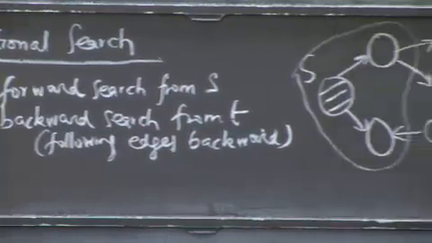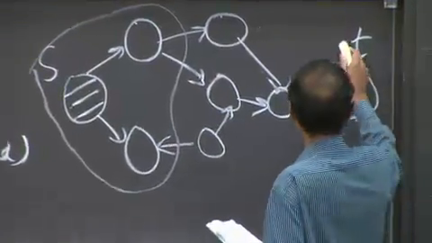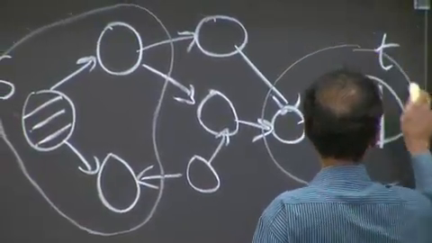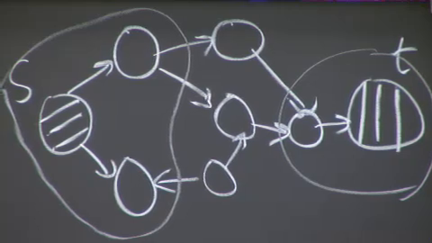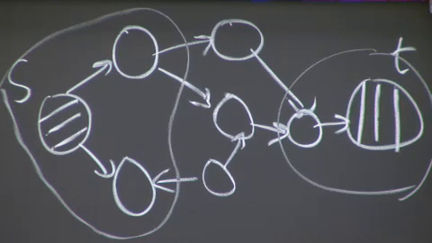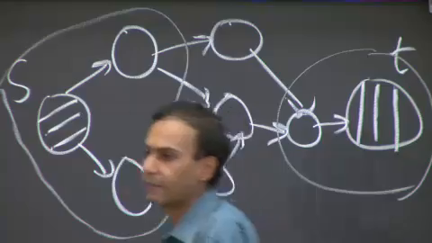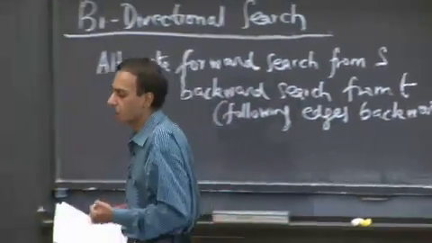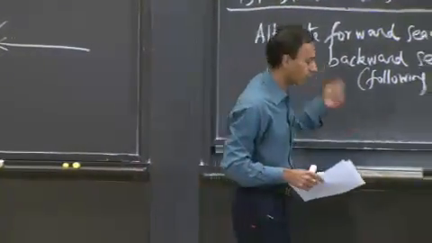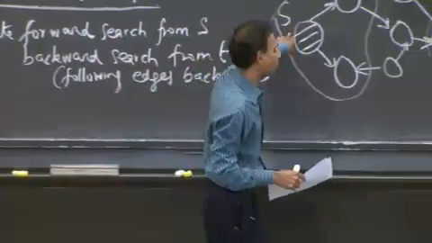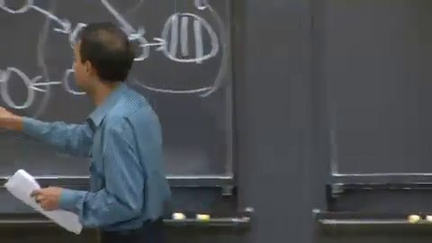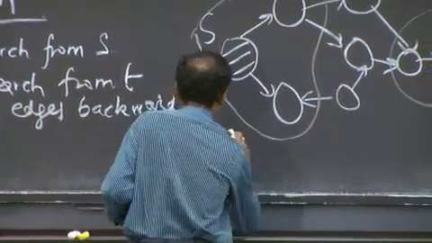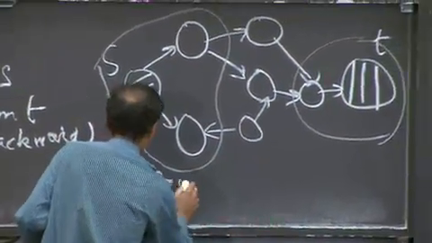But what would happen here simply is that your first frontier of backward search, T now in the backward search, is the minimum priority. So we're going to have two priorities. For S in the forward search, that's a straightforward one: D of S equals 0, and we should think of it as D_F of S equals 0.